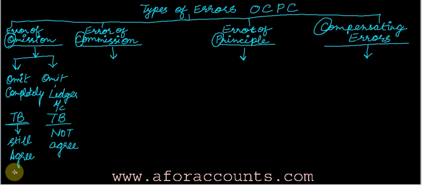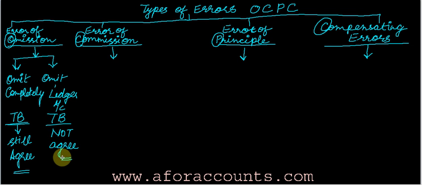Here both sides have been omitted, and here a ledger has been omitted, so in the trial balance, one side is there, one side is not there. So in these two types of omission, in one the trial balance will agree, in the other the trial balance will not agree.